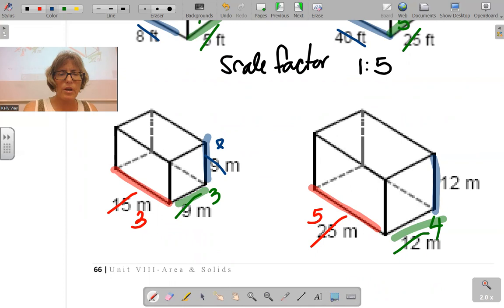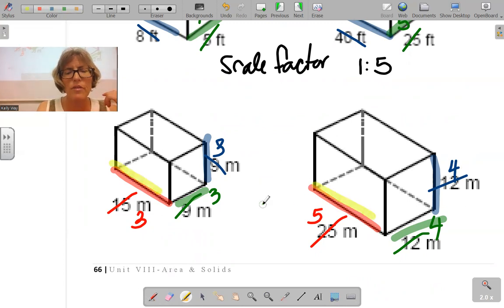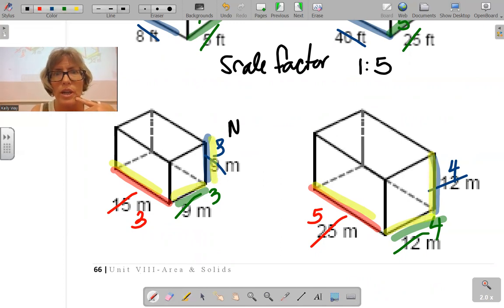Three goes into both there. So my one edge is 3 to 5, and then this is 3 to 4, 3 to 4. My ratios do not match, so it is not similar.